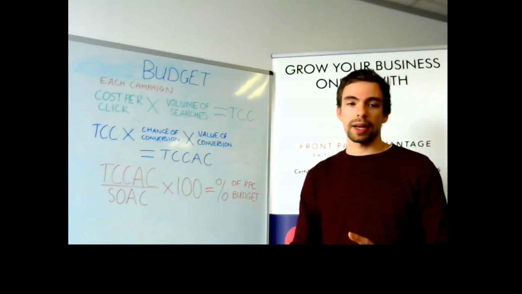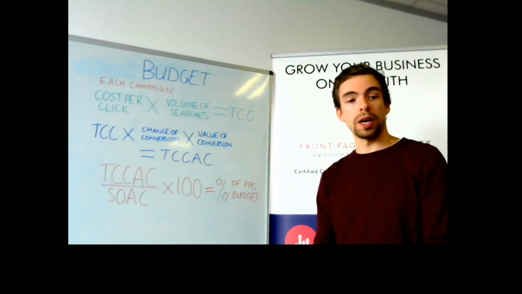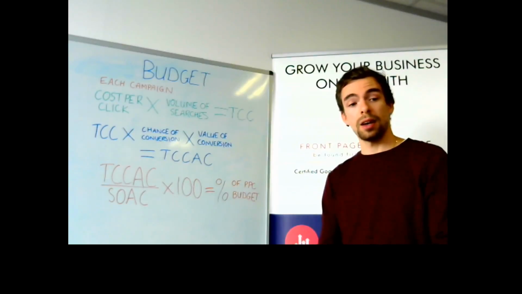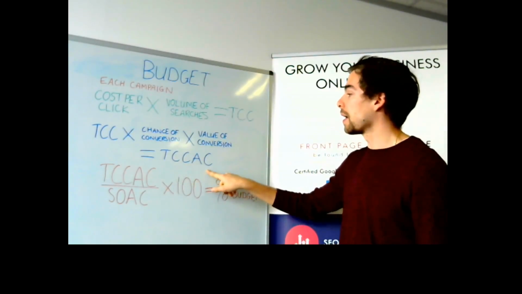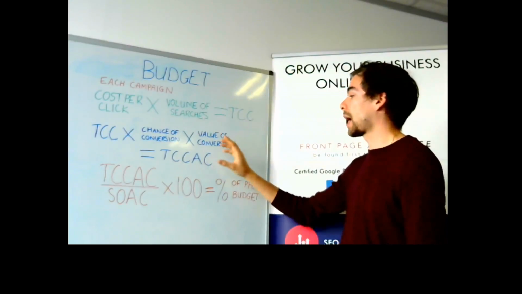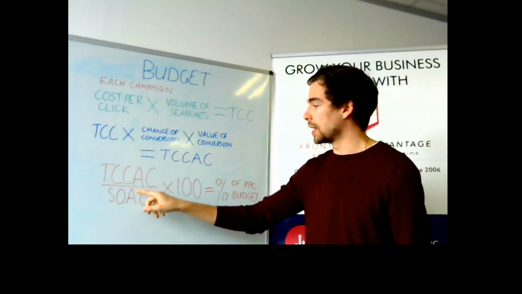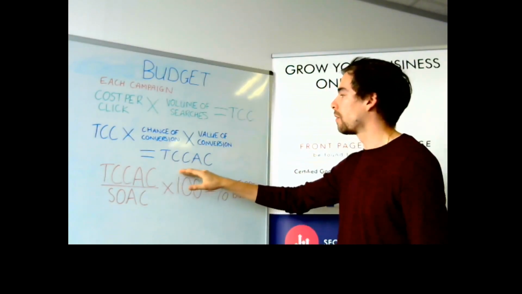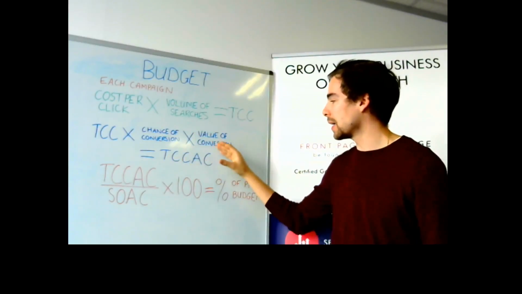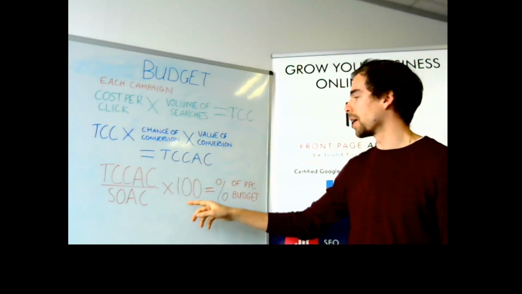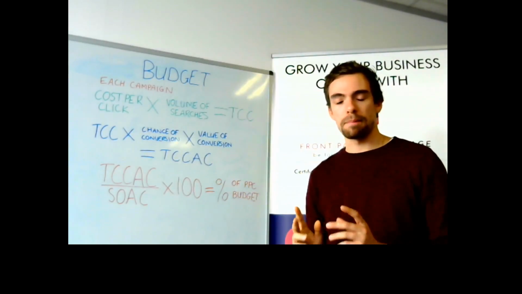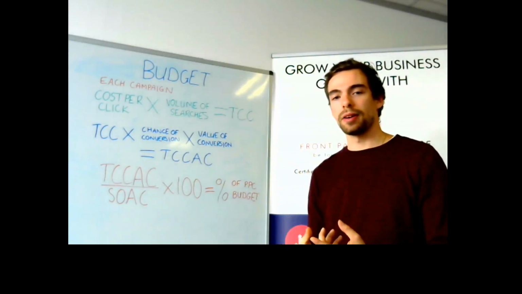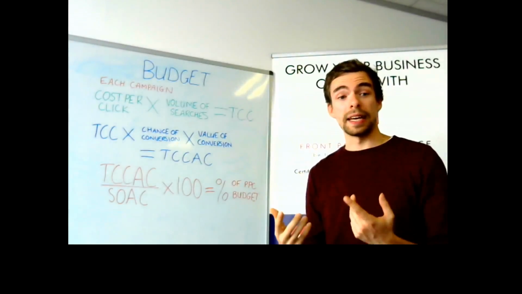Then to work out how much of your budget you should be spending on each campaign, take this number for any one of your campaigns, divide it into the sum of all of those numbers from all of the campaigns, and times that by 100. That will give you the percentage of your PPC budget that you should spend on any given campaign.